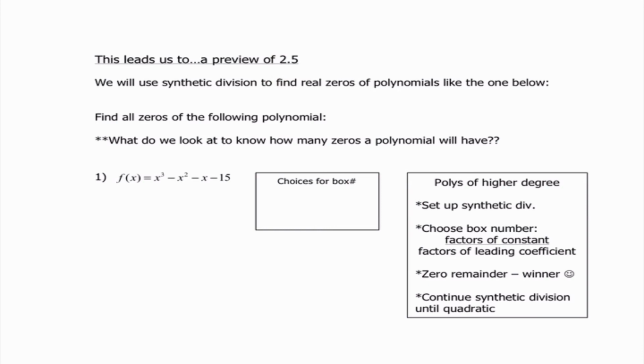So we are going to use synthetic division like we learned last class to find real zeros of the polynomials like the one below. So the question is going to say find all zeros, and I just want to make a quick note that when it says all, that means real and imaginary.